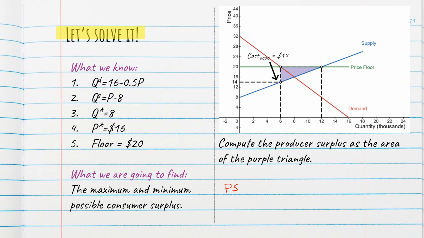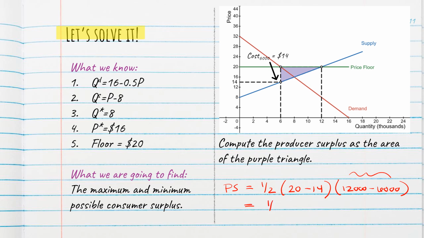Producer surplus is equal to 1/2 times 20 minus 14, that's the height of the triangle, and the base of the triangle is 12,000 minus 6,000. Now, you already knew that this was going to be 6,000 because we know we're selling 6,000 units, but I've written it all out for the sake of being completely transparent about the work.